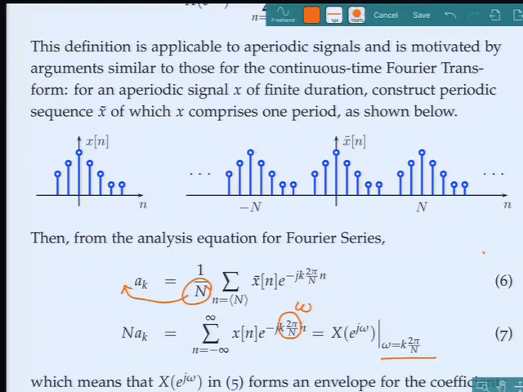As in our arguments in CTFT, as the period stretches to infinity, then we're talking about multiples of a very small fundamental frequency, omega naught, 2 pi by n, which is going to 0, so that these samples would be very closely packed, right? So if I plot X of omega like this, let's say this is omega equals 0, then I'm looking at the samples omega naught, 2 omega naught, etc. So I'm looking at these values, and I know those give rise to the Fourier series coefficients, right?